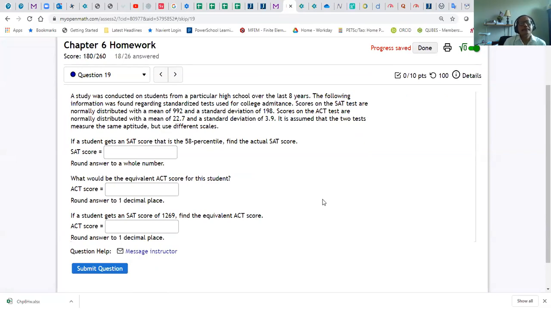If the student gets an SAT score at the 58th percentile, or 58%, find the actual SAT score. So in this case, you know the probability, but you don't know the number, so you have to use the inverse function.